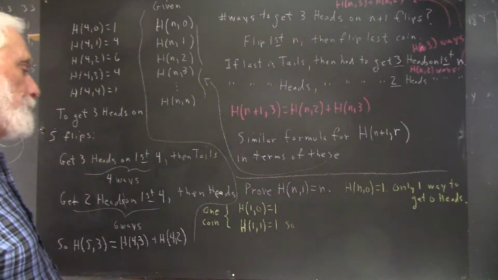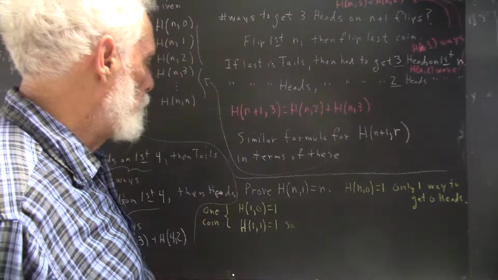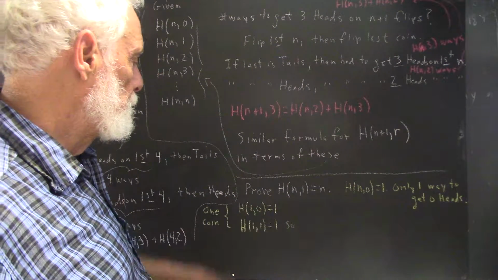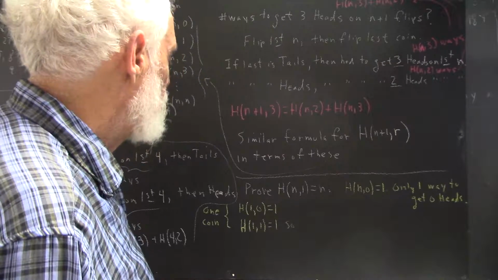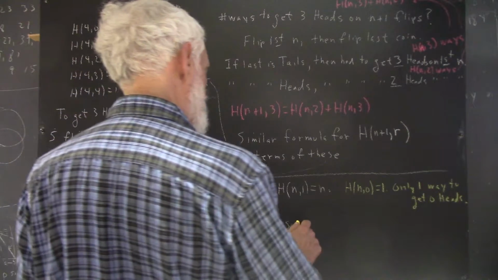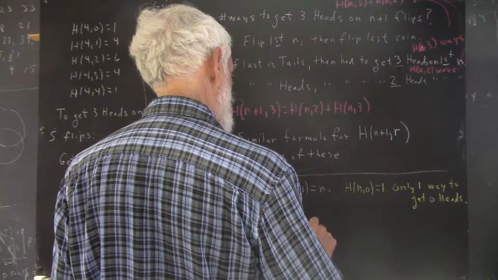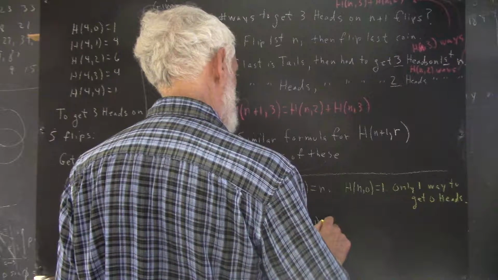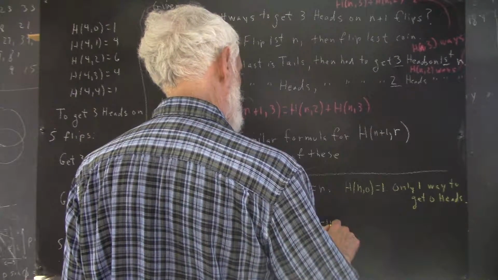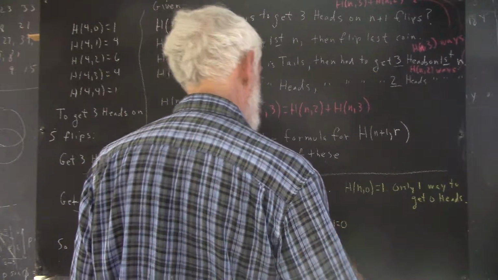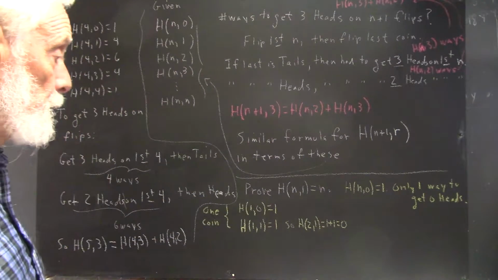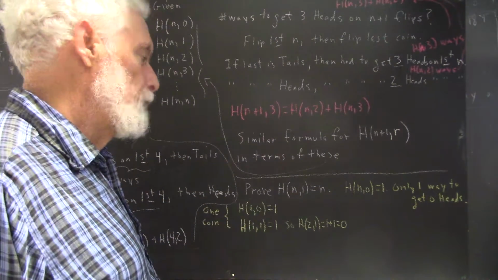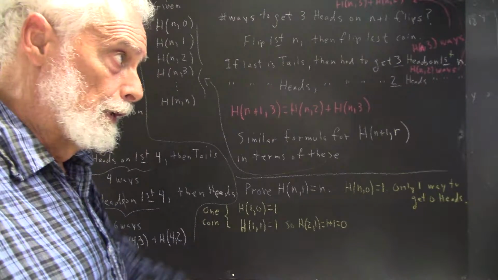Okay, well, h of 1,0 equals 1. h of 1,1 equals 1. So, well, that tells us that h of 2,1 is 1 plus 1 equals 2, by the same reasoning we used up here. We're either going to get a head or a tail on our second flip.